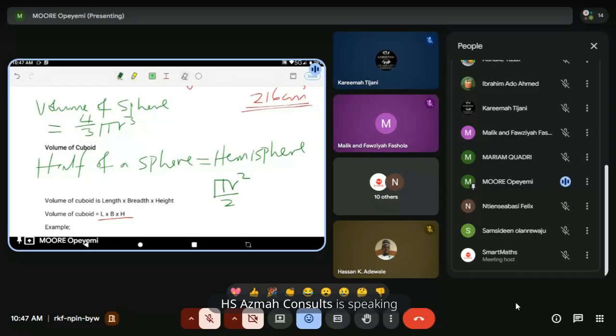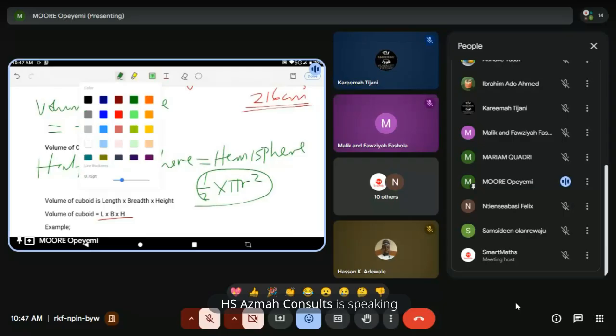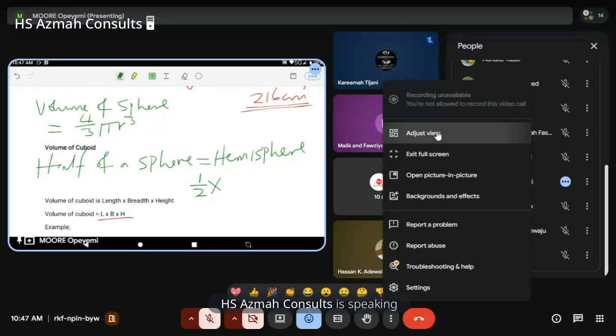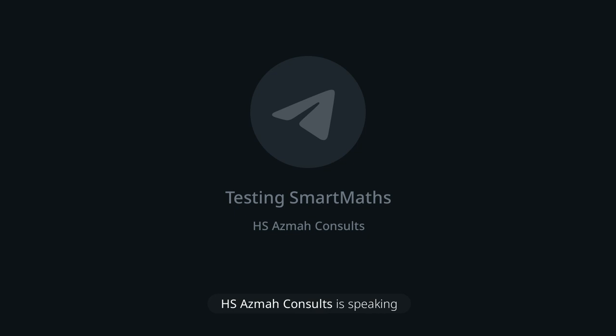So the area of the semicircle is going to be half of the circle. This is the area of circle. Now, why am I coming here? I want to ask you, who can tell us the volume of a hemisphere? What formula are we going to use? If the volume of a sphere is 4/3 pi r cube, that is going to be 1/2, because a hemisphere is half of a sphere, times the volume of a sphere.